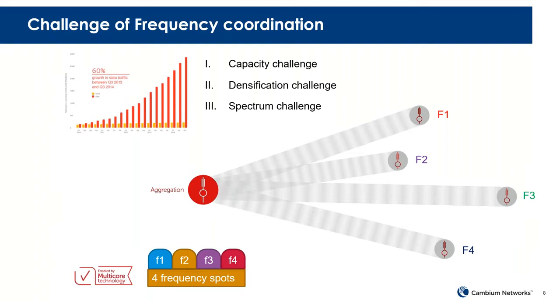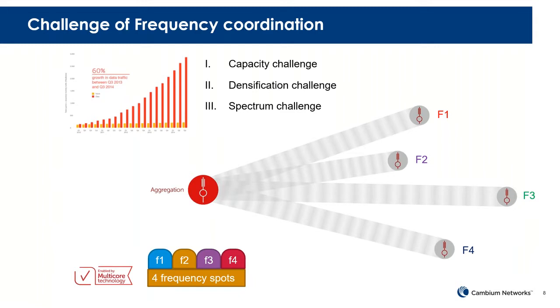If you are running short of RF resource, sometimes you have to densify the area. For example, initially you may have two links from a hub site, but then maybe you will have to add more remote sites. So the densification challenge, and again, you may be running out of spectrum to use. So what do you do?